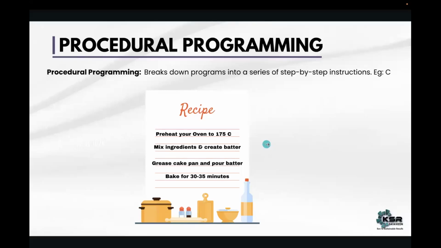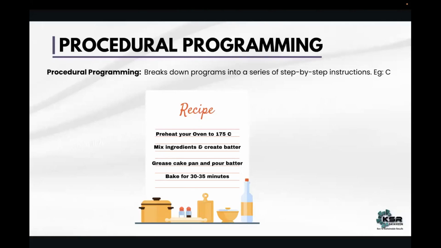The first step will be divide by 2. The next step will be check the remainder. If the remainder is 1, that means it's odd. If the remainder is 0, that means it's even. These are the steps. You break down your program into steps and you just execute those steps. This is procedural programming. There's a procedure, you follow the procedure and get your task done.